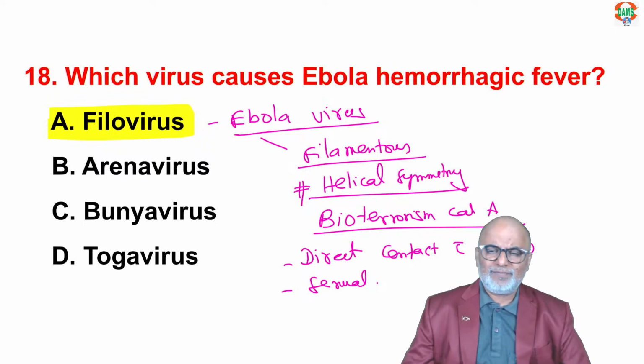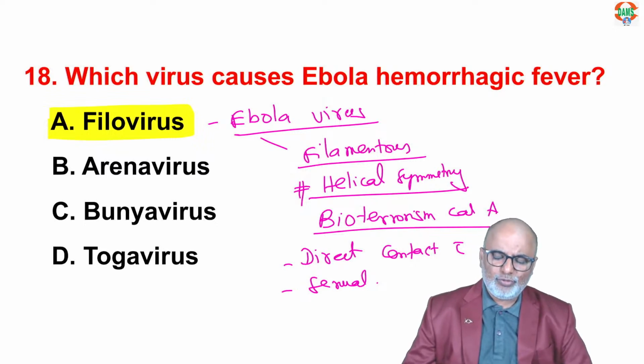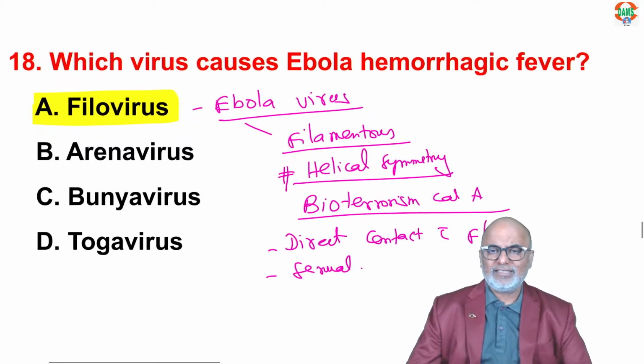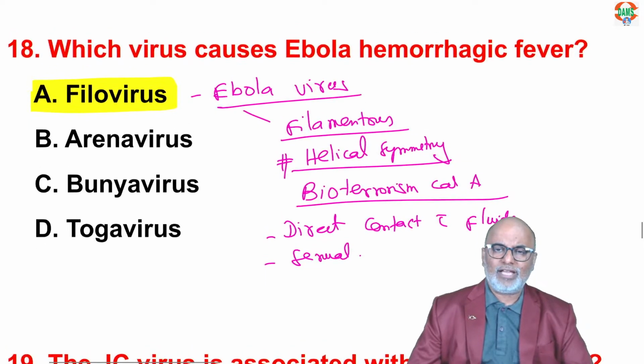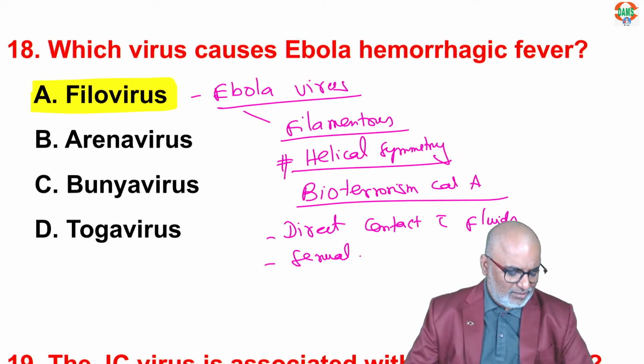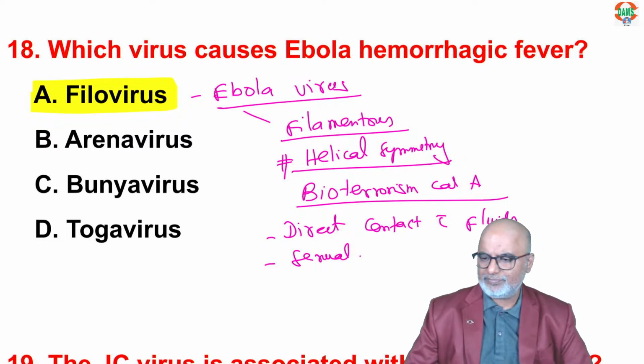It usually spreads from animals to humans, chimpanzees to human beings, then human to human. This is called Ebola hemorrhagic fever. It is a bioterrorism agent, category A.